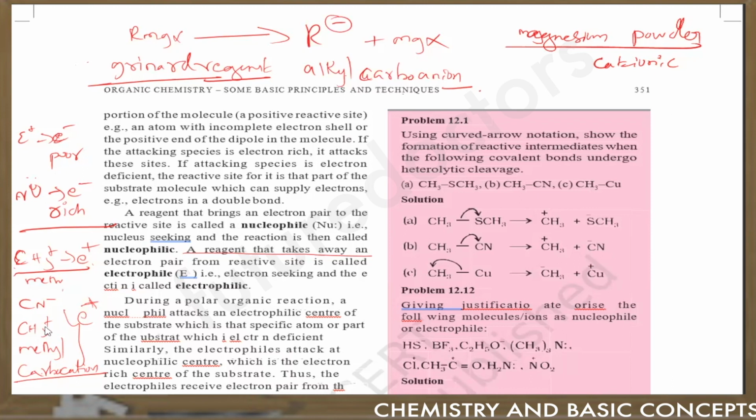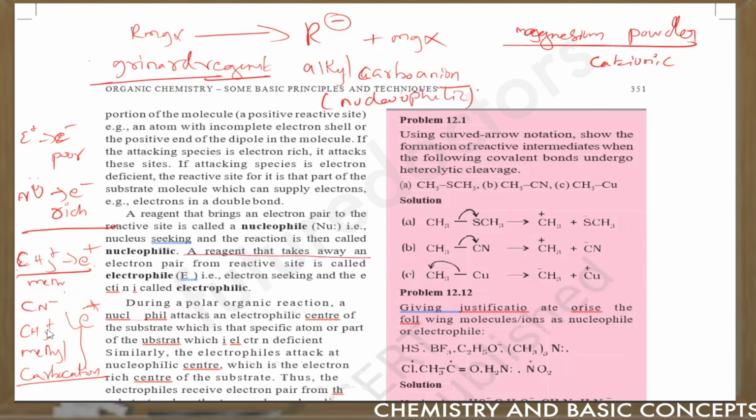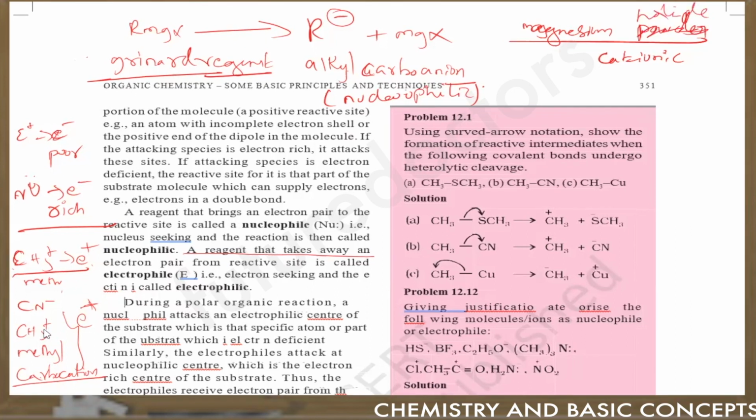Here what will be electrophilic, and what will be nucleophilic? R minus, the alkyl carbanion, will be nucleophilic. And magnesium halide will be cationic, so it should be electrophilic.